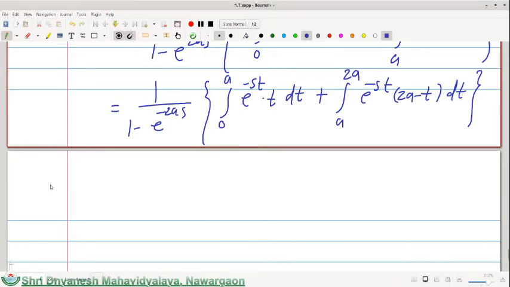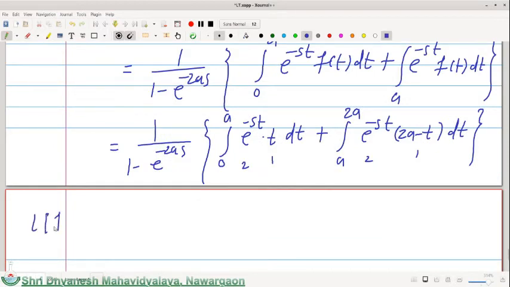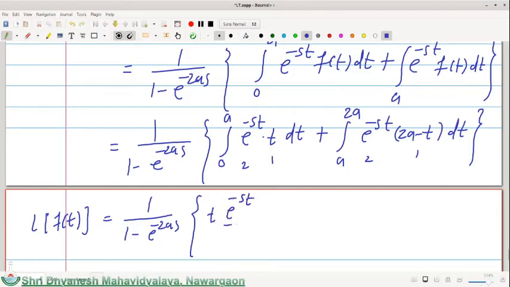So let us do that. The Laplace transform of f of t is 1 upon 1 minus e to the power minus 2as. Applying the integration by parts here: first into integration of second, which will be e to the power minus st upon minus s with the limits 0 to a, minus the integration of the derivative of the first function, that is t, which will be 1, into the integration of the second function, which will be e to the power minus st upon minus s.